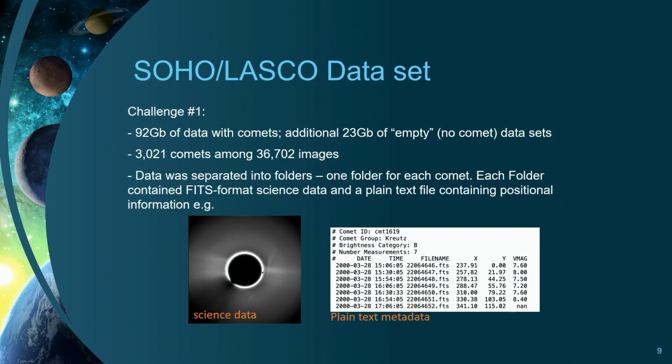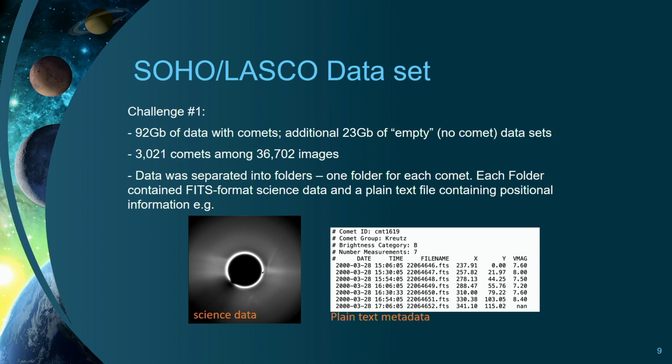So this is how we organized the data for this challenge. We used 39 gigabytes of data that contain comets, and we inserted an additional 24 gigabytes of data with empty data sets, we thought, basically to create this artificial data set for this specific challenge.